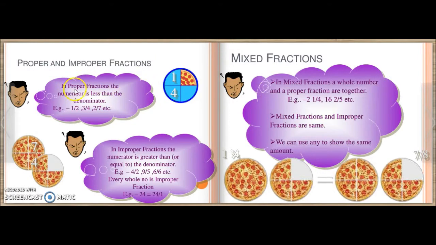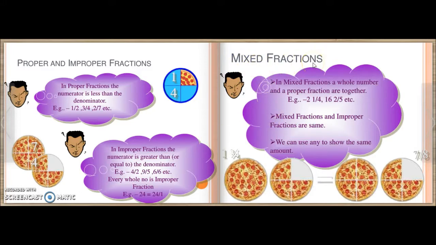In proper fractions, the numerator is less than the denominator, such as 1 over 2, 3 over 4, and 2 over 7. In improper fractions, the numerator is greater than the denominator, such as 4 over 2, 9 over 5, or 6 over 6. Every whole number is an improper fraction, such as 24.